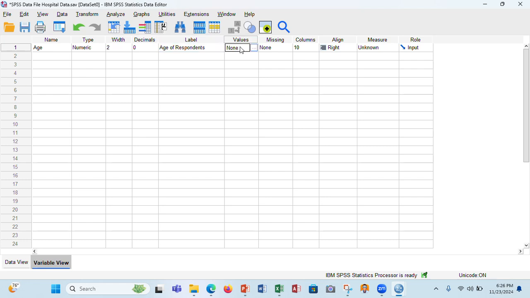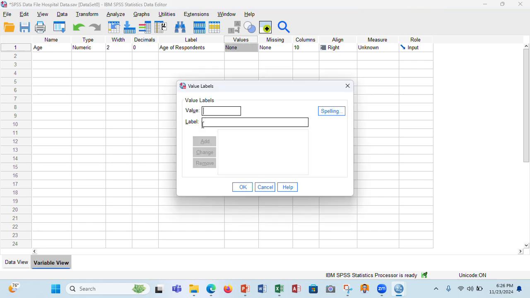Then we're going to have our values, and here in values, if this data had a scale of maybe 0 means yes, there we would say 0 means yes, and then we add that. If 1 means no, then we would add that, so that becomes how our values are going to be labeled.